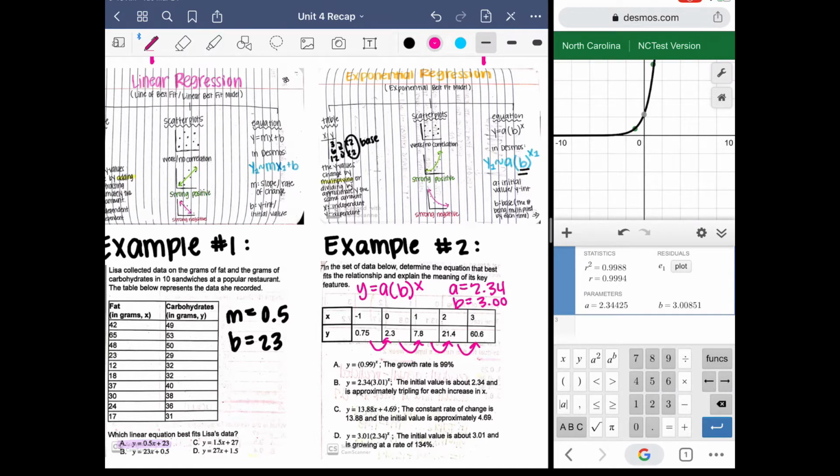So the function that has the correct a and b values that we need is option B. A is 2.34, B is 3.01. I made a mistake. There we go, 3.01, so that would be B.